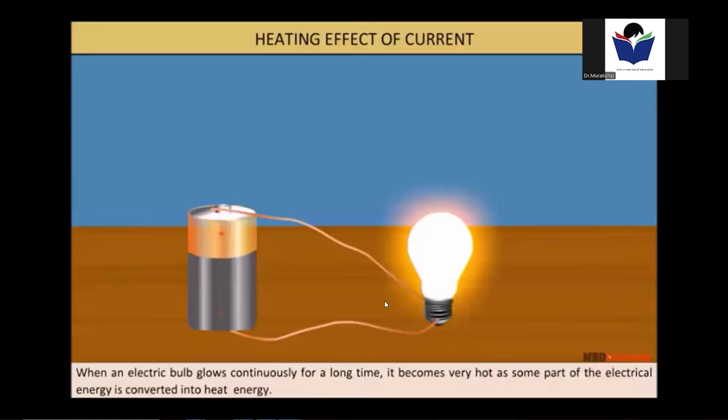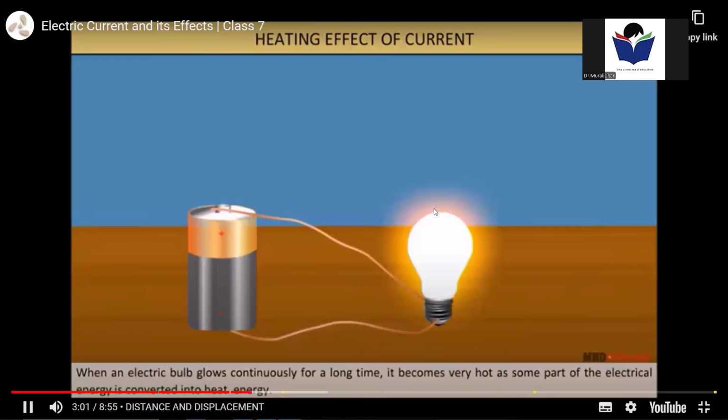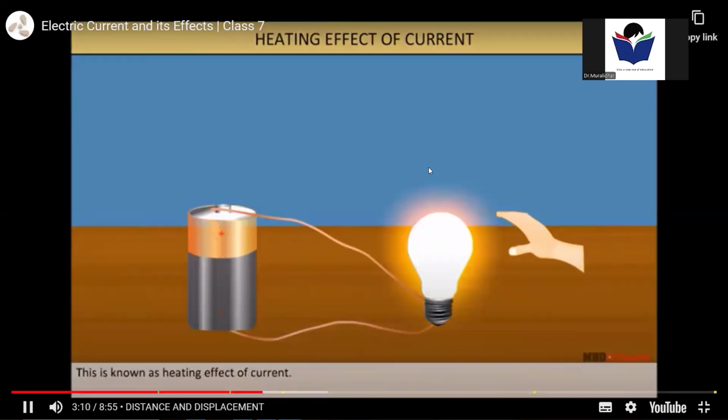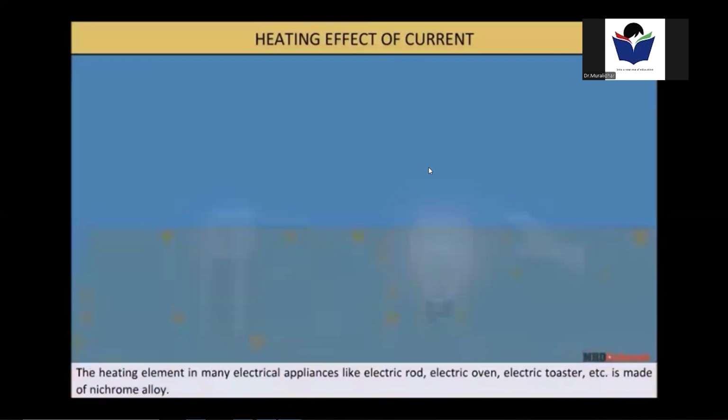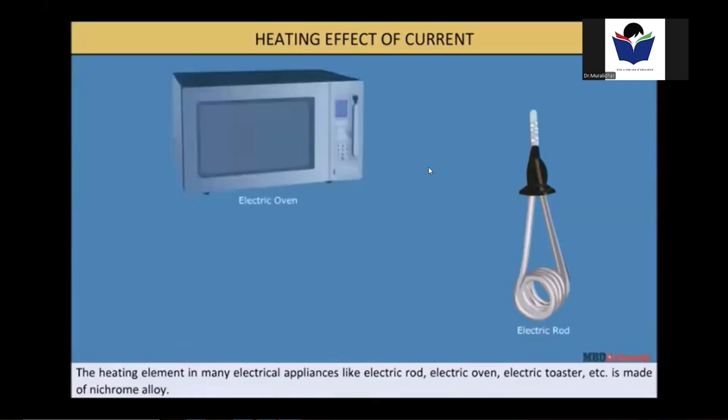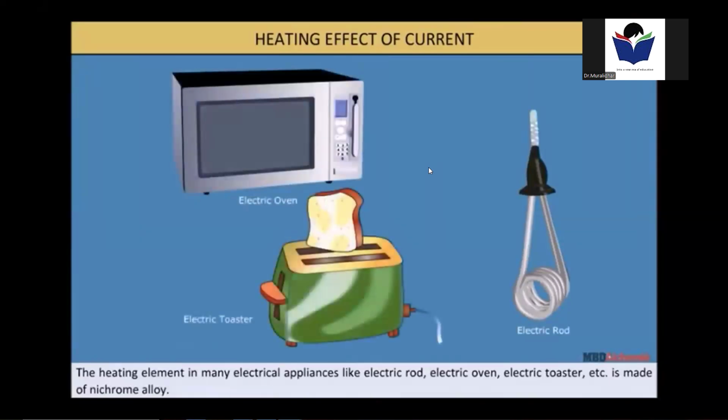When an electric bulb glows continuously for a long time, it becomes very hot as some part of the electrical energy is converted into heat energy. This is known as the heating effect of current. The heating element in many electrical appliances like electric rod, electric oven, electric toaster, etc. is made of nichrome alloy.